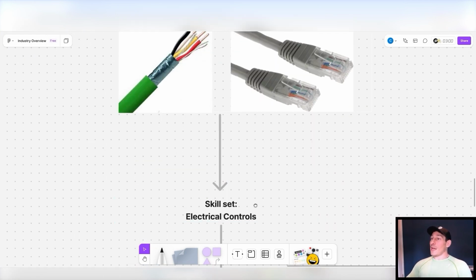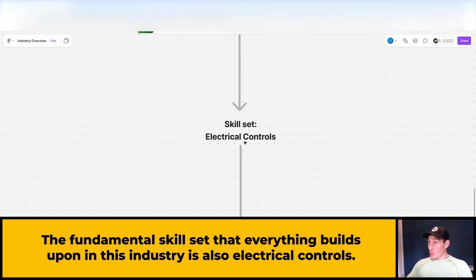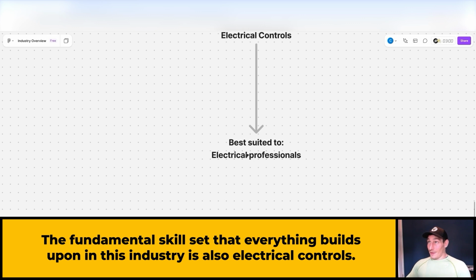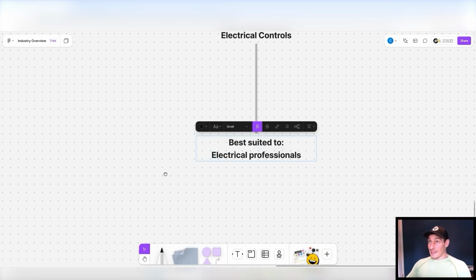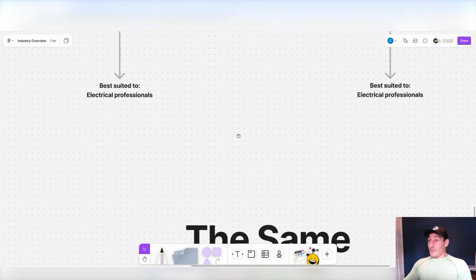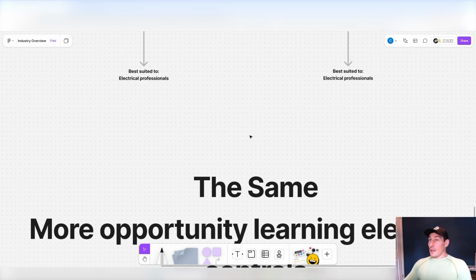So the fundamental skill set that everything builds upon in this industry is also electrical controls. It makes sense that the people this industry is best suited to are electrical professionals, exactly the same as over here on the BMS side. So you can probably see where I'm going with this.